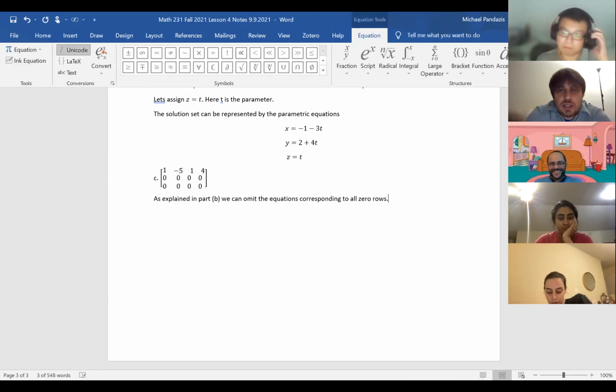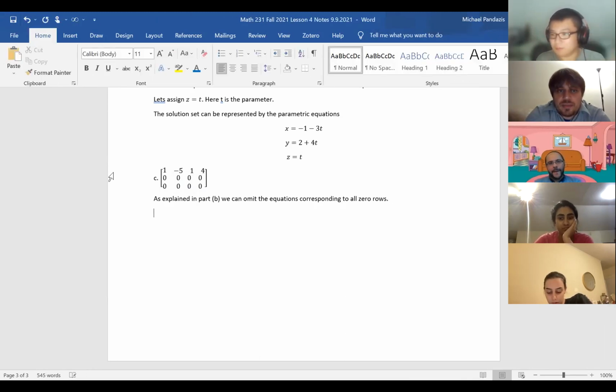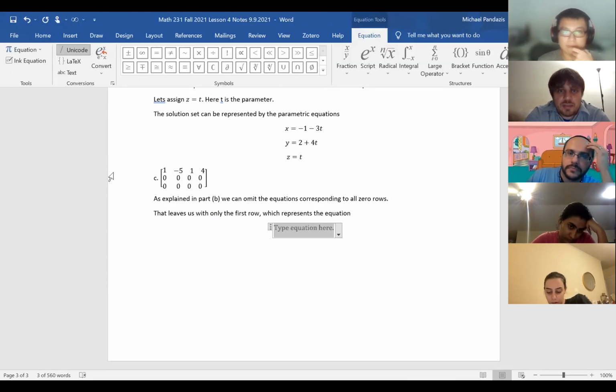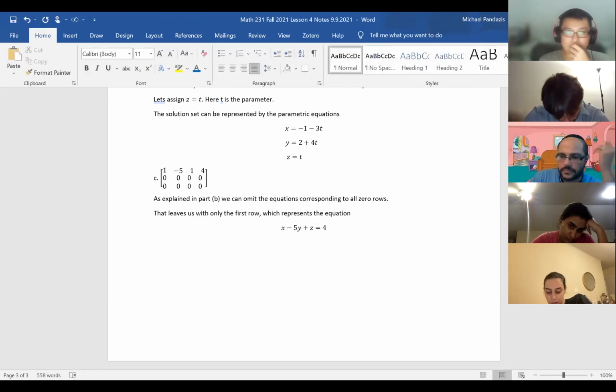That leaves us with only the first row, which represents the equation x minus 5y plus z is equal to 4.